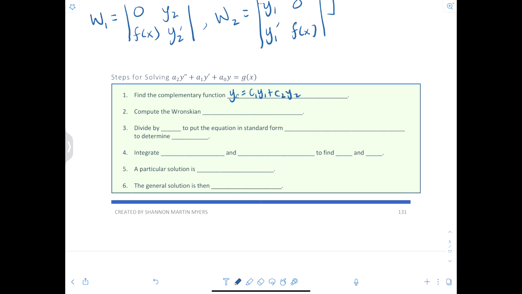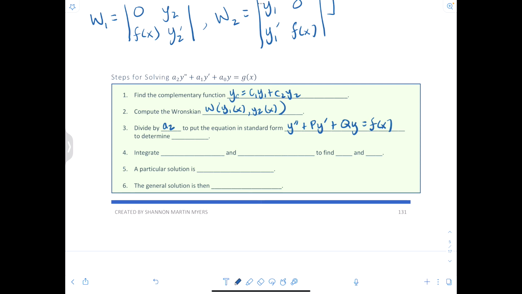Compute the Wronskian, W of y1 at x and y2 at x. Divide by a2, if it hasn't already happened, to put the equation in the standard form: y double prime plus p times y prime plus q times y is equal to f at x.